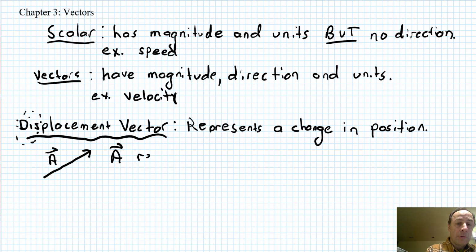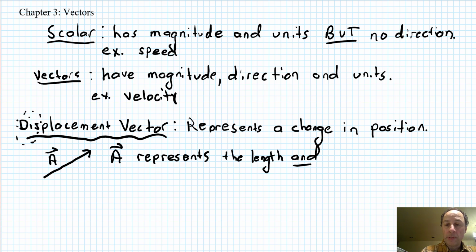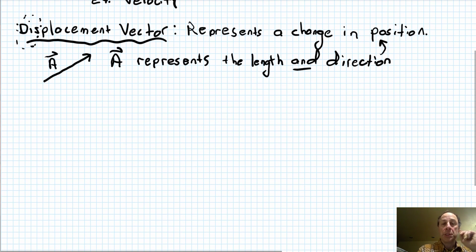This represents the length and direction, okay, its length and direction of this change in position. So A represents the magnitude of the change in position, how long it is, and the direction of the change in position.